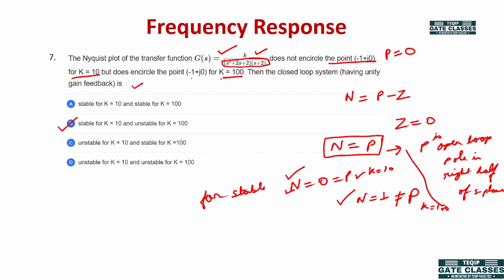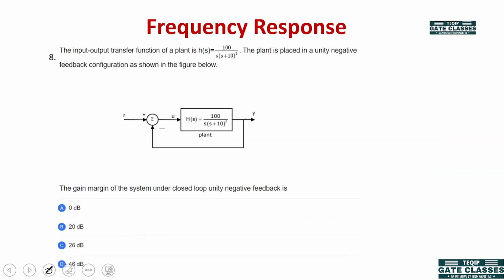Okay, so let's move on to the next question. Here we have the input output transfer function H(s) is equal to 100 upon s into (s plus 10) whole square. The plant is placed in a unity negative feedback configuration as shown in the figure below. We have to calculate the gain margin of the system under closed loop unity negative feedback.